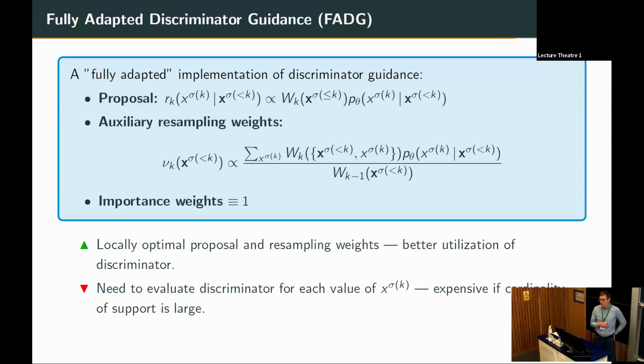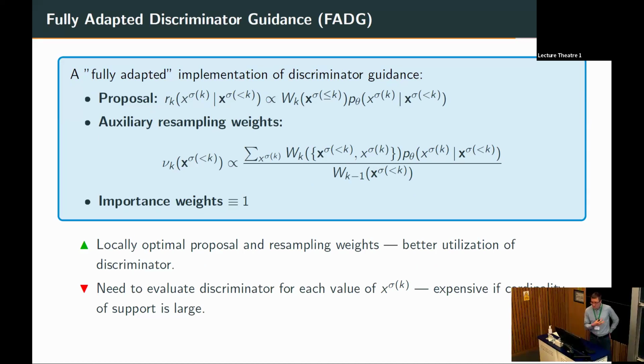So then we also consider a fully adapted SMC version, which is more efficient, but also more costly per time step. The idea is now that we define our proposal, similarly to the RTG, as the product between the generative model and this potential.